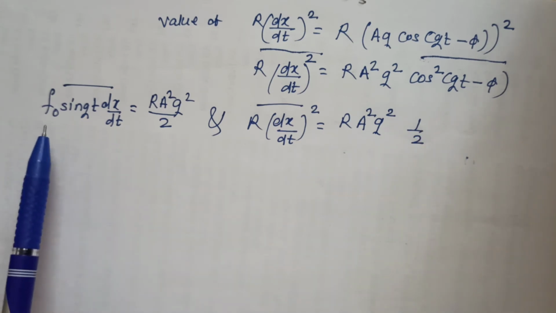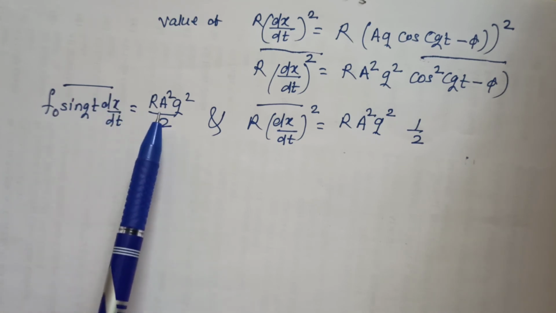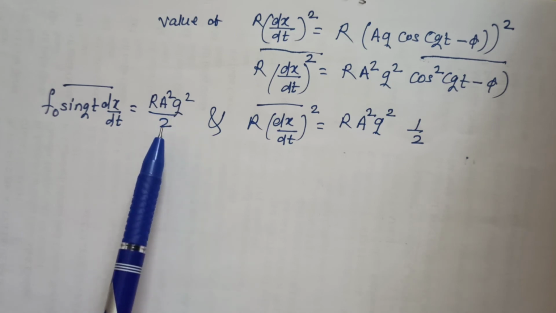First we obtained the average of F0 sin qt dx/dt equal to r a² q²/2.